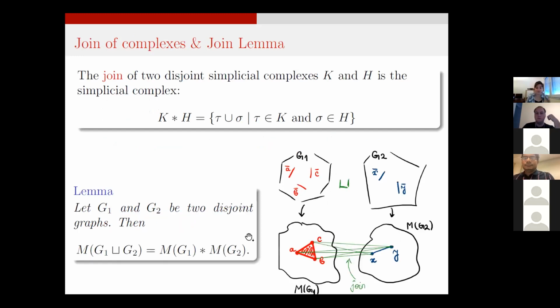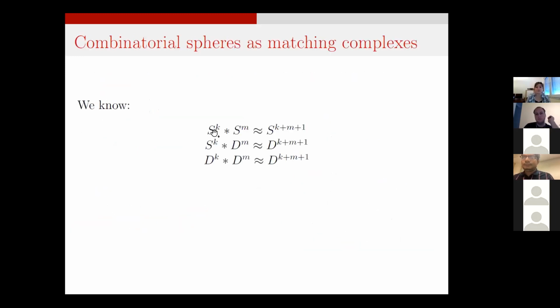I have the join, and I know this fact: the join of spheres is again a sphere. And I mention two other facts because of later theorems. The join of a sphere and a disk is a disk, and the join of two disks is a disk again, just with appropriate dimensions. So when I have many copies of graphs that give spheres and take the disjoint union, I get a sphere again.